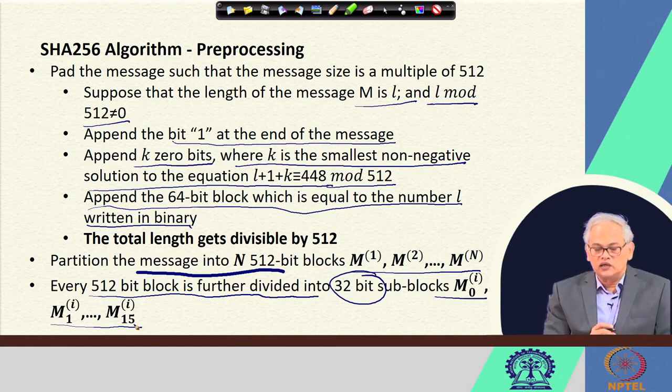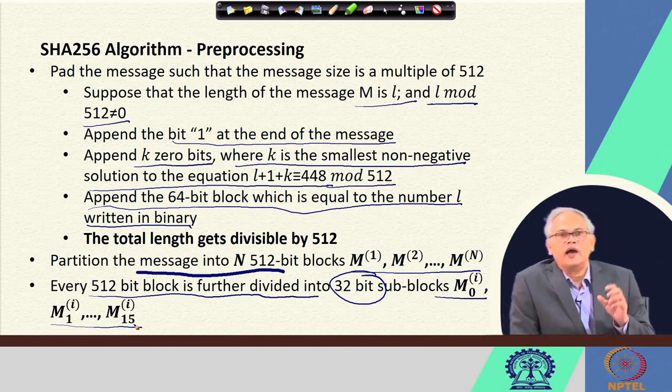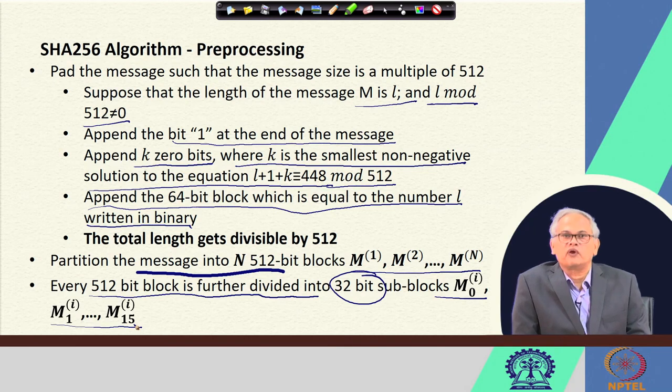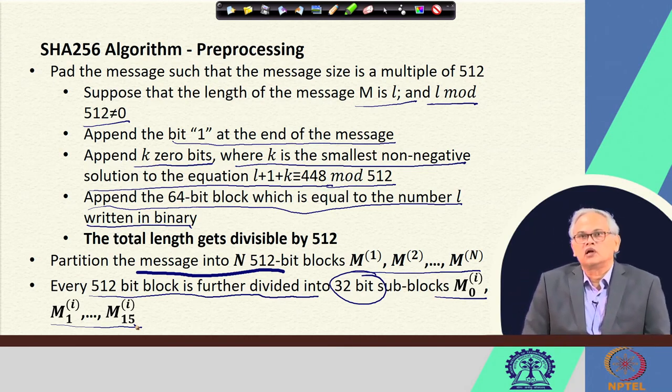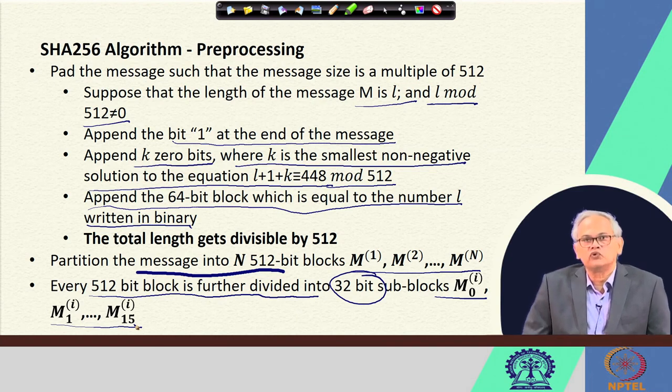Okay. So, what does it mean? We have each block of 512 bit length. If we divide it into 32 bit sub blocks, how many blocks do we get? We get 16 such sub blocks. So, consider that we are dividing this particular 512 bit block Mi.